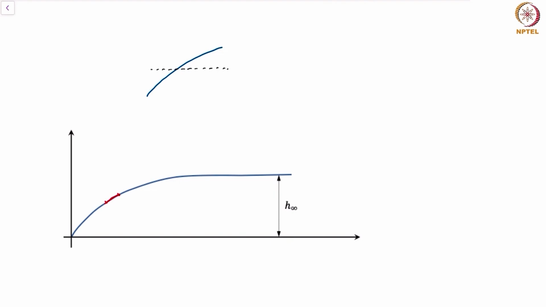At any given location, I could define a local angle theta. This local angle theta is the angle that the interface makes with the horizontal.